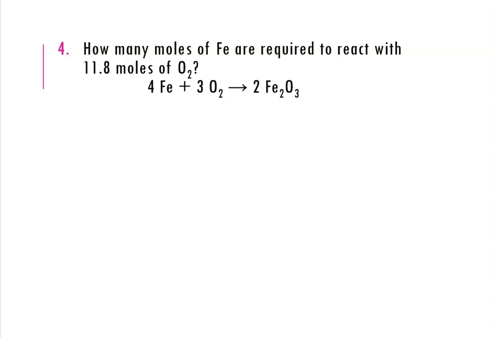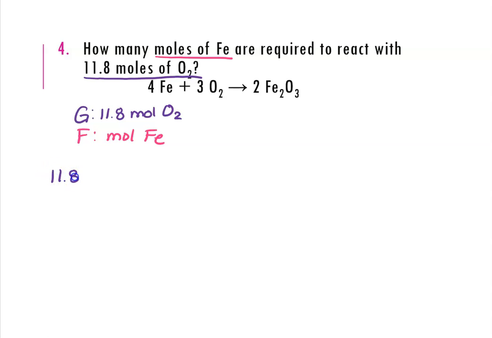How many moles of Fe are required to react with 11.8 moles of O2? So I'm given here 11.8 moles of O2, and I'm trying to find moles of Fe. So here again, my moles are not changing. I'm not changing units. It's still moles to moles, but I'm going from moles of O2 to moles of Fe. So since I'm changing substances, I need my mole ratio.